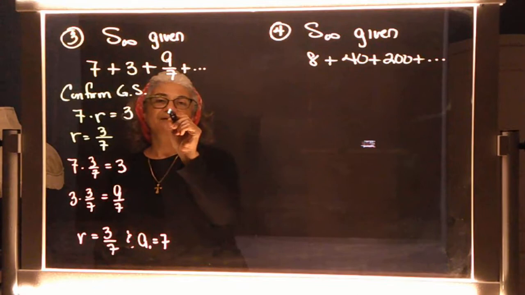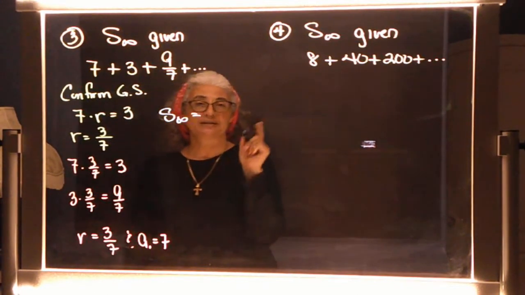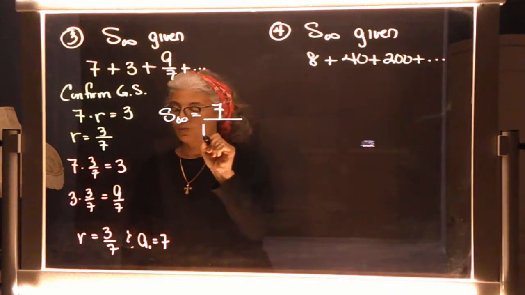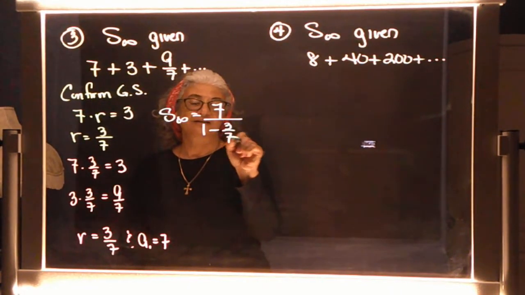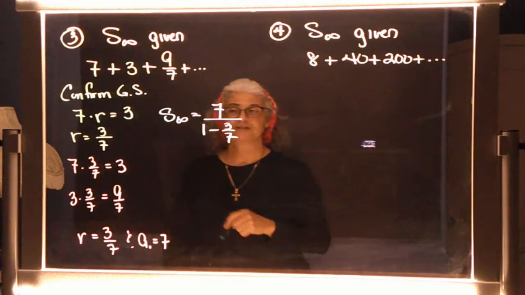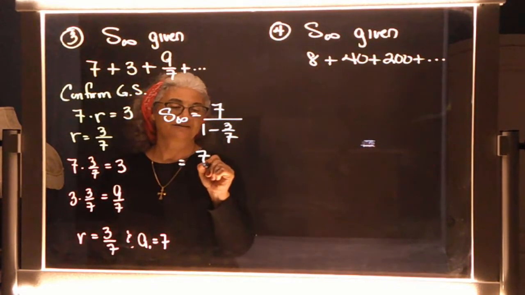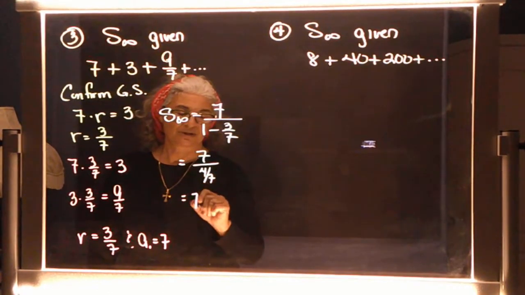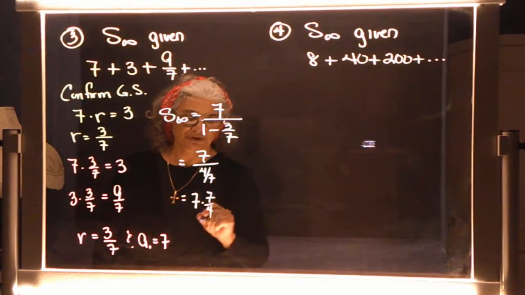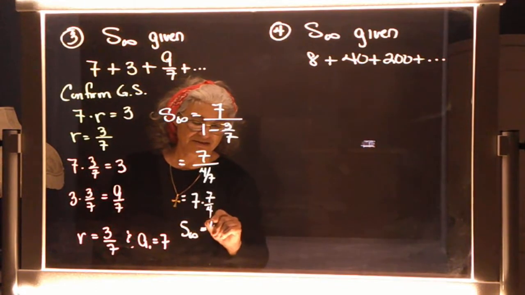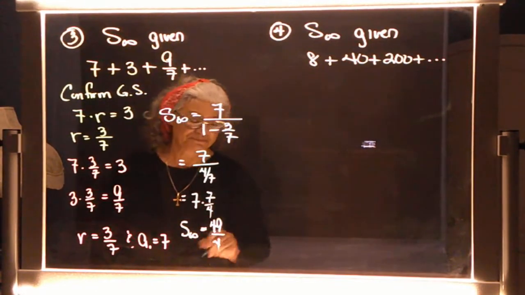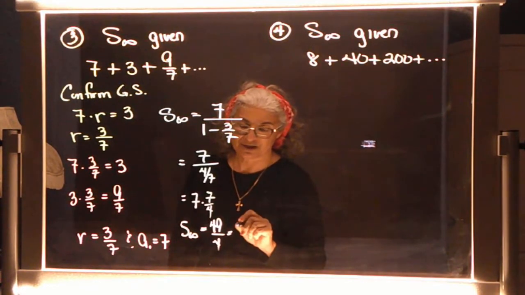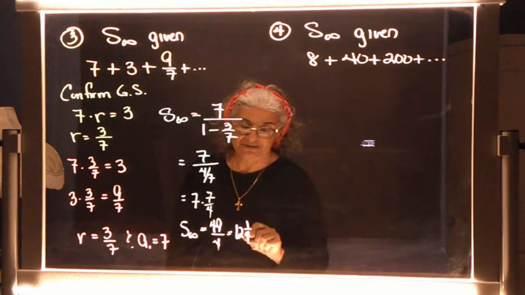So the infinite sum is going to be a sub 1, 7, divided by 1 minus 3/7, right? So 7 divided by 4/7, and we multiply by the reciprocal, which means this infinite sum is 49 over 4, which is 12 1/4, isn't it?